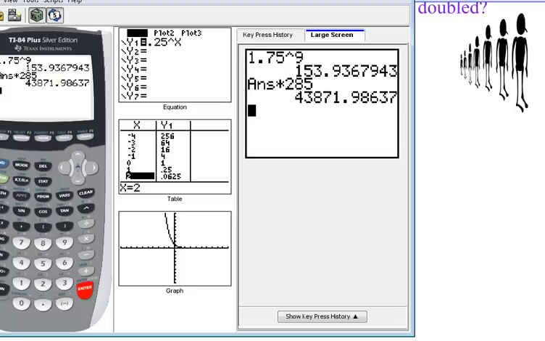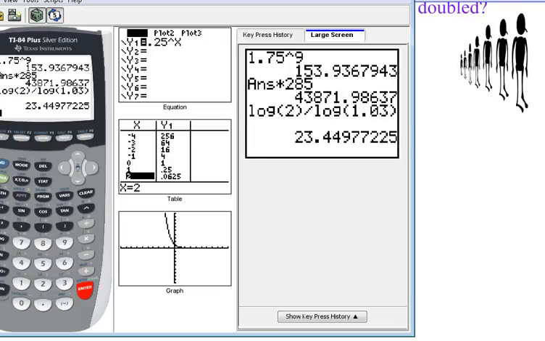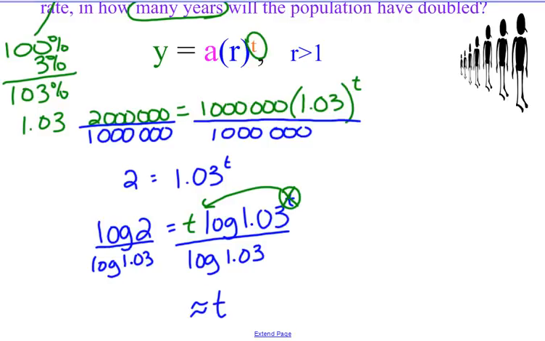So on my calculator, I'm going to say log 2, and then divided by log of 1.03. And I get 23.4498. So when I go back here, and I'm going to write my answer of 23, remember in logs we round 4 places.